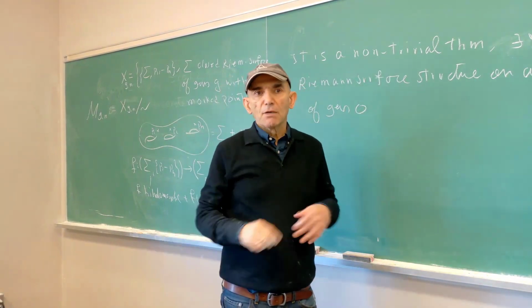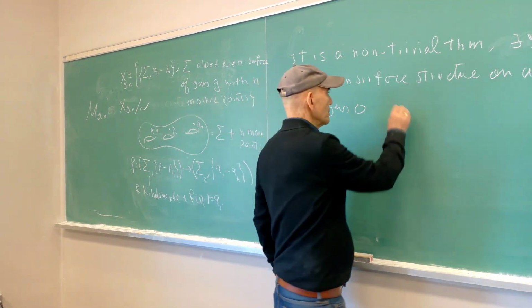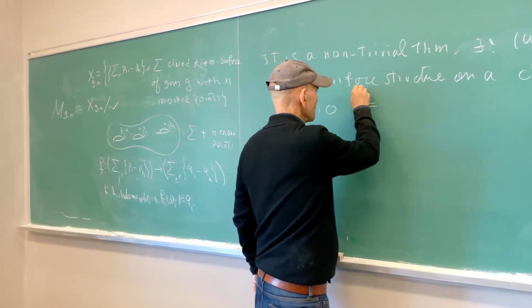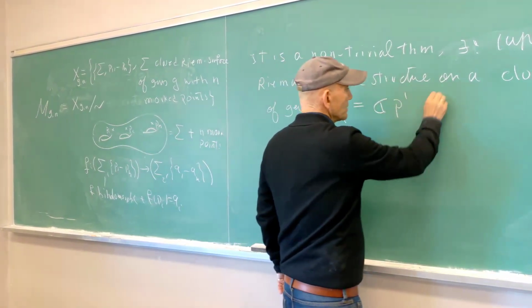And that space we call CP1, which is the complex projective line, the Riemann sphere.